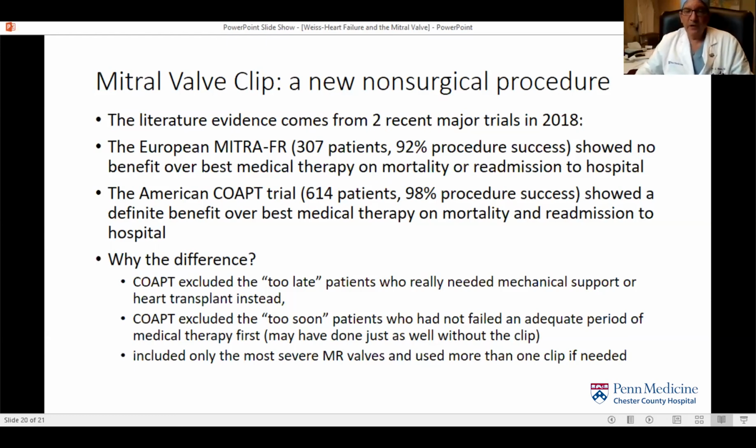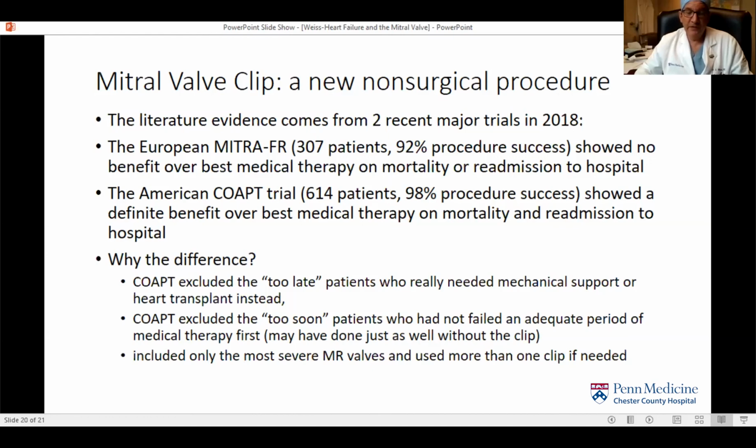The COAPT trial was more careful. They excluded people that were too late, people that really should have a heart transplant instead. They figured, well, let's try this, what do we have to lose? But if you include them in a trial, it dilutes the good results with ones that aren't going to get better no matter what you do. The COAPT trial also excluded the too-soon patients, the ones that didn't have failure of medical therapy.